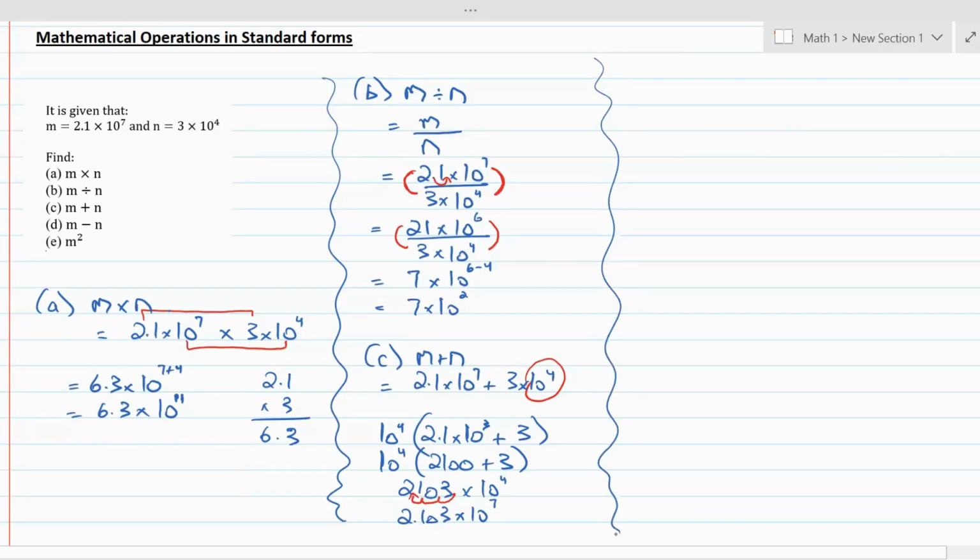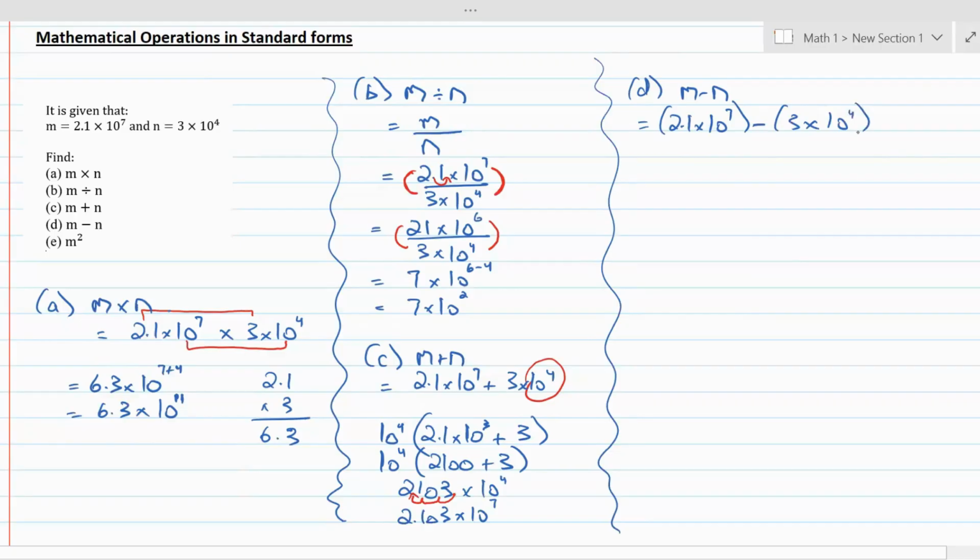Part D is about the subtraction, and m minus n is to be subtracted. Addition and subtraction both follow the same rule: we take the tens lower power common. So 2.1 into 10 raised to the power 7 minus 3 multiplied by 10 raised to the power 4.